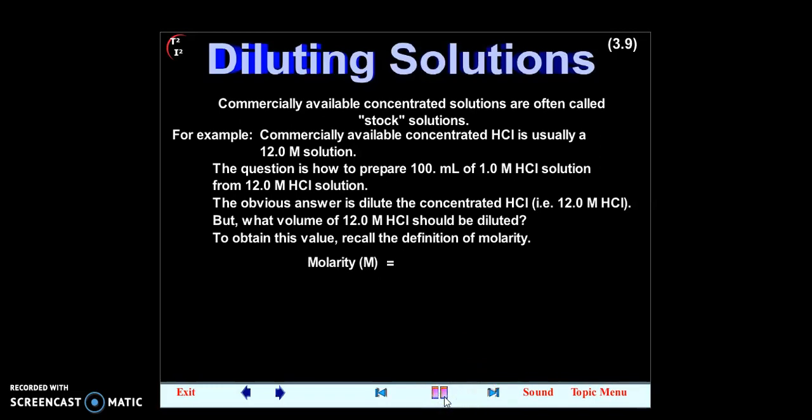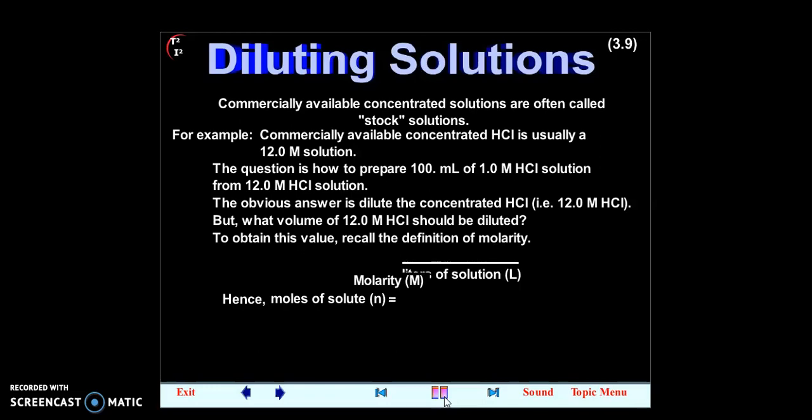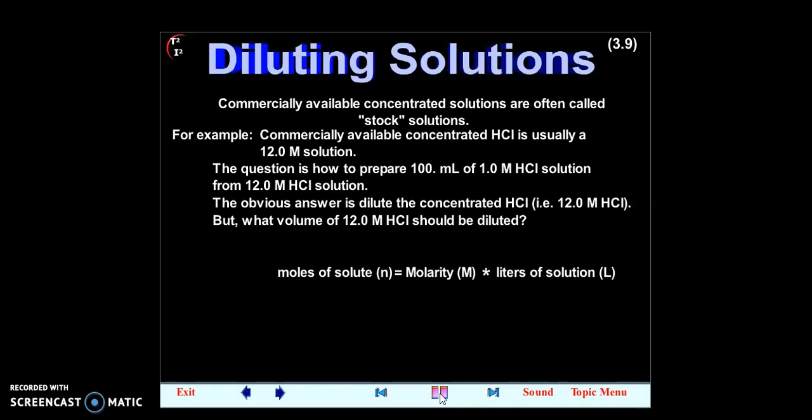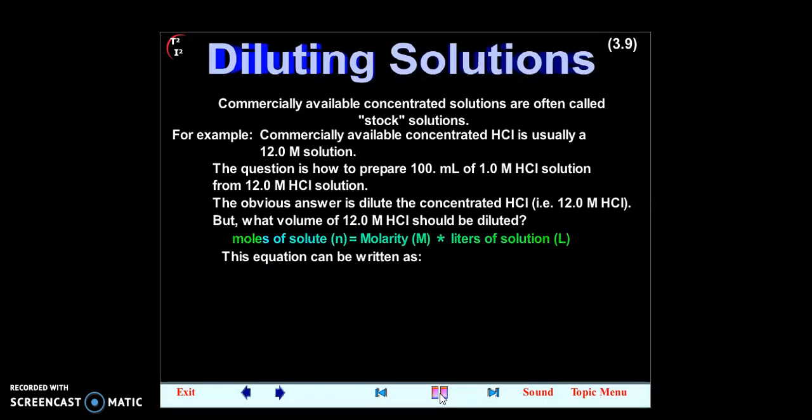Molarity is moles of solute n over volume in liters, L. Hence, moles of solute equals molarity M times liters of solution L. Now, having got that, we have moles of solute n, which is Mi times Vi.